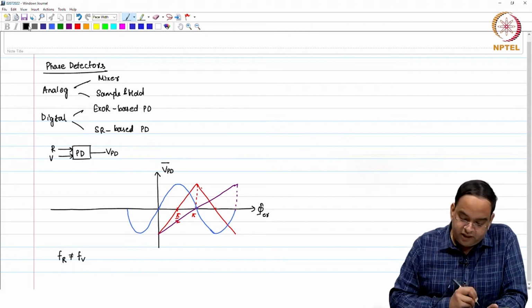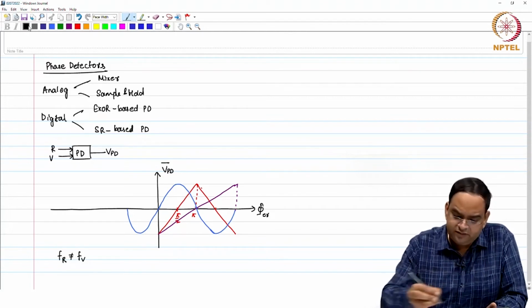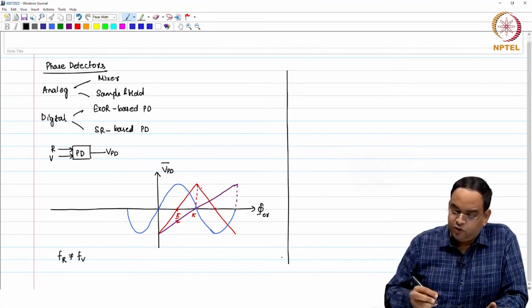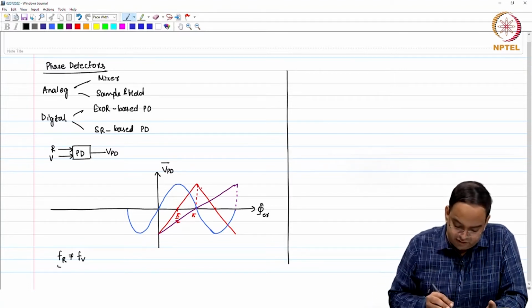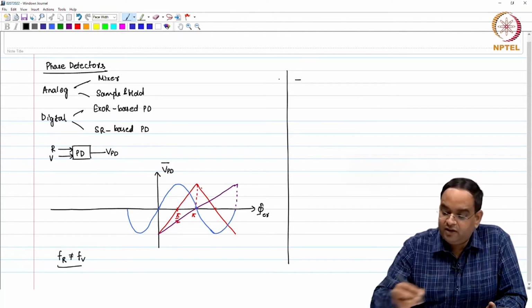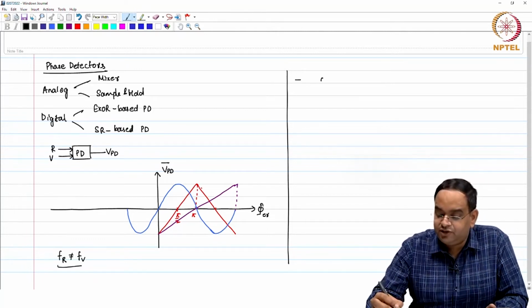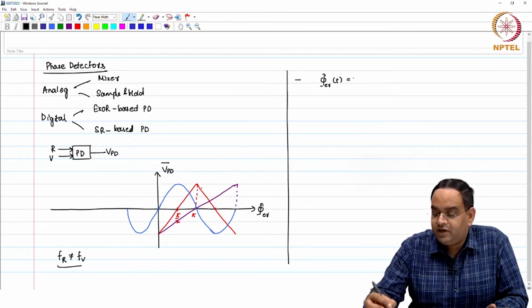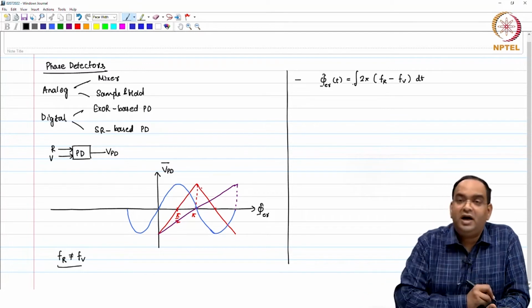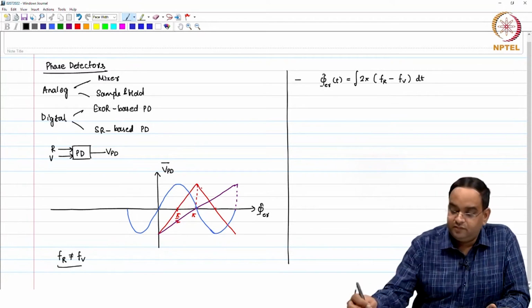So, in this particular case, if FR is not equal to FV, your phase error will keep on increasing for sinusoidal signals, which you have seen. In case of sinusoidal, phi error of t is 2 pi times the integral of (FR minus FV) dt, that is what you have for sinusoidals.